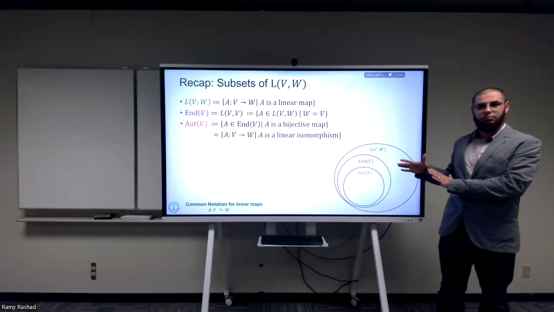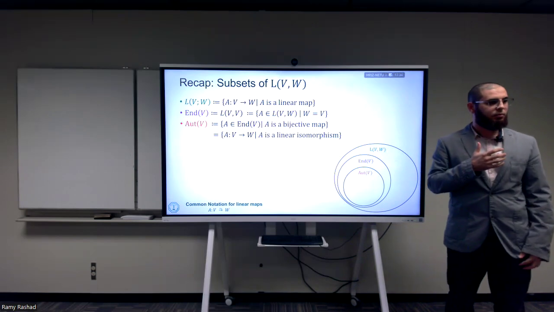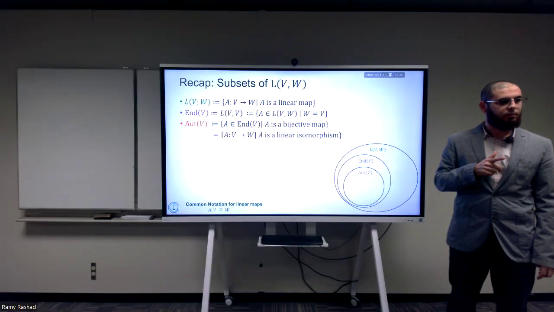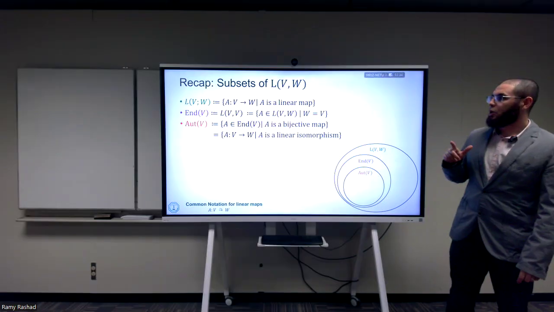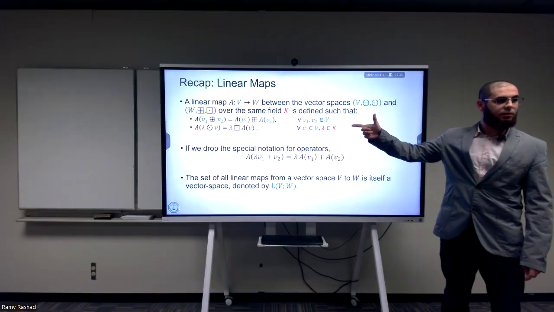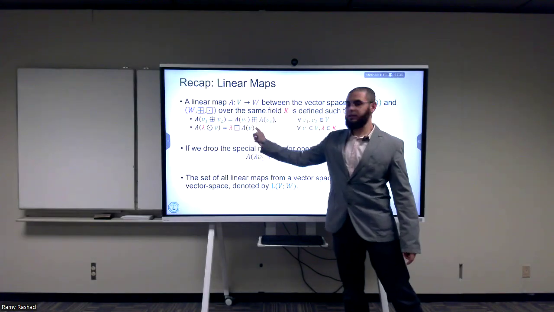Is this clear? Yes. The addition and the multiplication only sit in the vector space, and the linear map should preserve these two operations, right? So go back. You're talking about this definition. A linear map between two vector spaces should satisfy these two conditions.